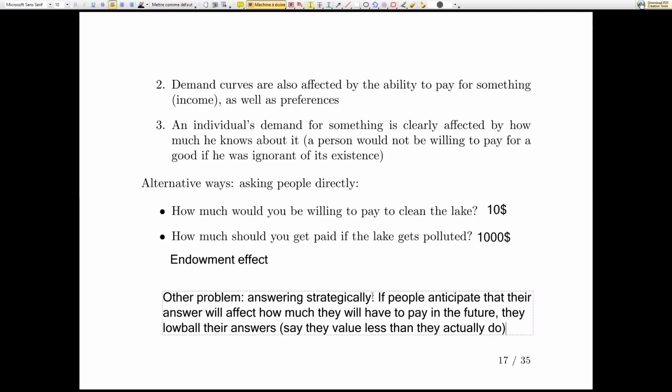So they say that they value something less than they actually value it. There's a Swedish economist called Lindahl, who invented a mechanism that we call Lindahl pricing.